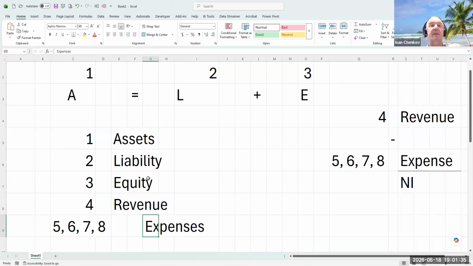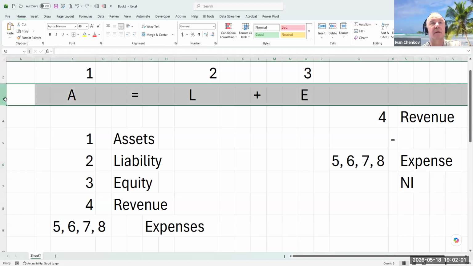Asset is the general category which sits on the left side of the equation. But under asset, we're going to have different types of assets. Liability, again, is a general term for all the liabilities that the company can have. But we're going to name each liability a different way. Same thing with equity, revenue, and expenses.